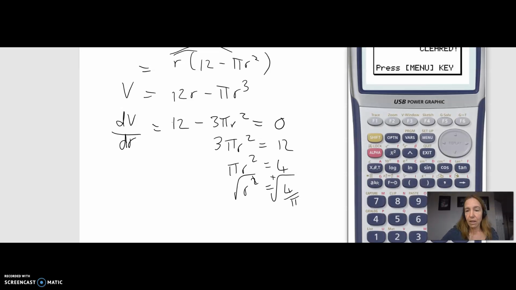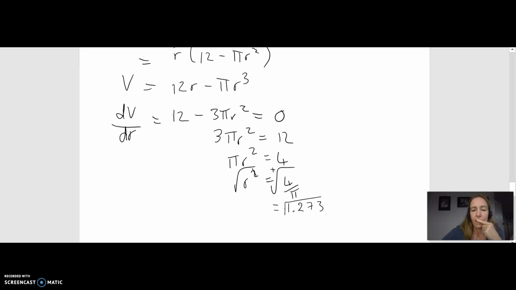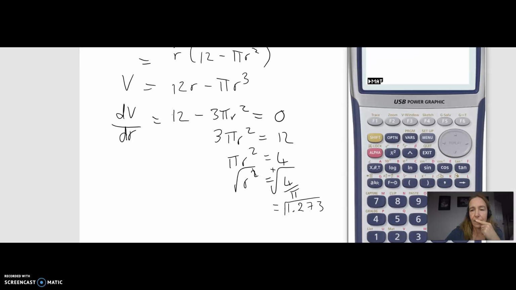So I'm just going to menu, enter, 4 divided by shift pi equals, and the square root of that is 1.128.